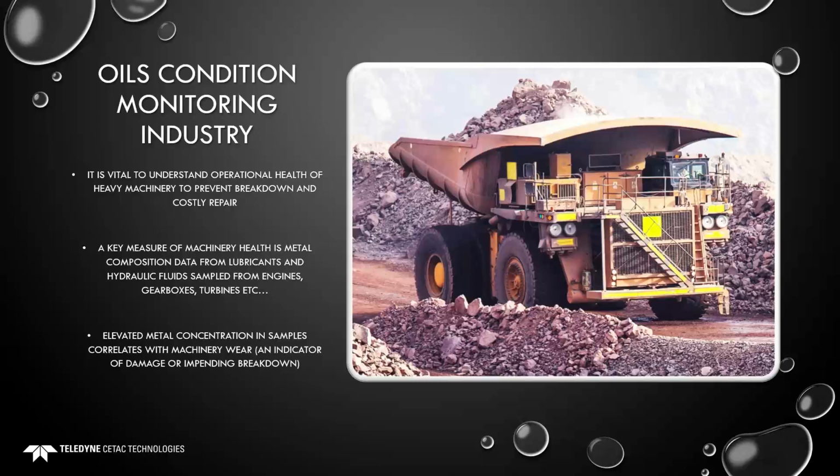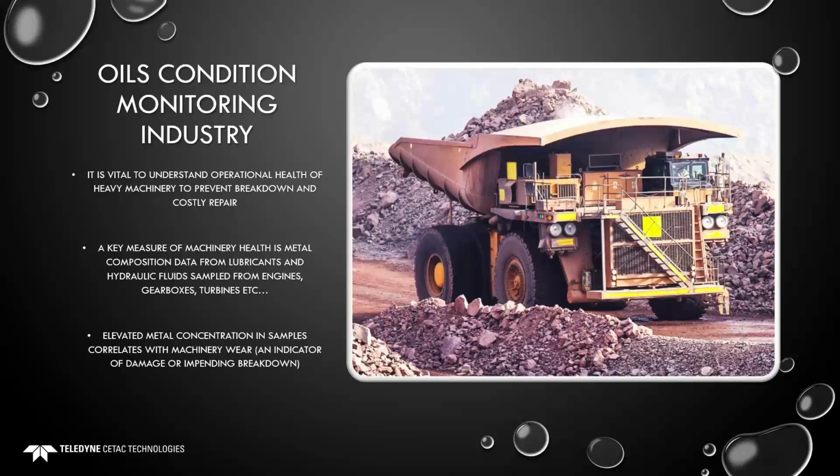Samples are normally taken over time, on a regular routine basis, as recommended by either the manufacturer or the service provider. Those samples are used to create a baseline for that specific piece of heavy machinery.